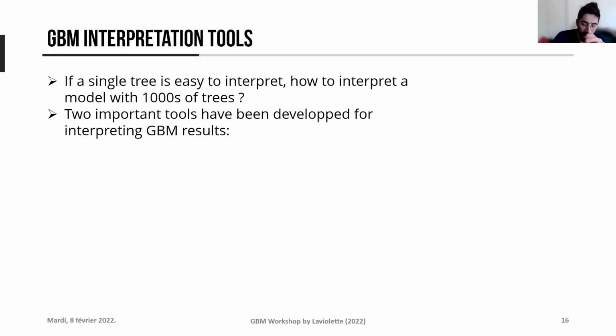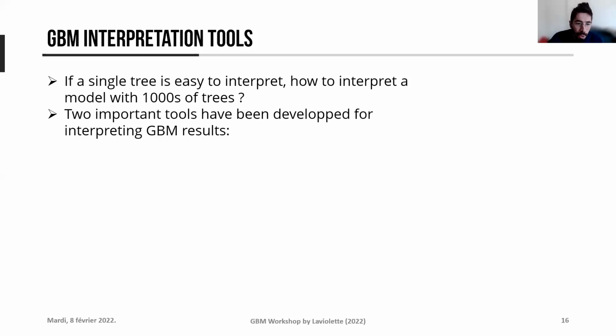Well, the people that were smart enough to invent gradient boosting also came up with 2 important tools for analyzing gradient boosting results. I do think they are 2 of the main reasons why gradient boosting could be very useful for many applications in transportation research.